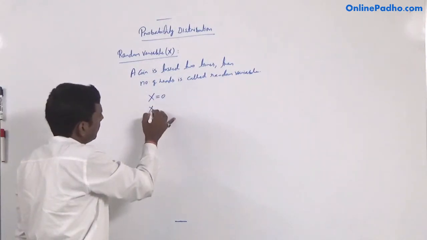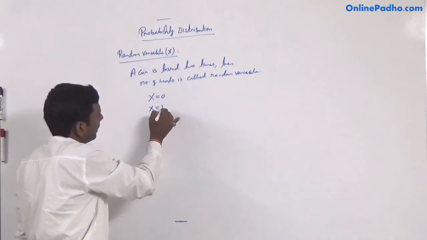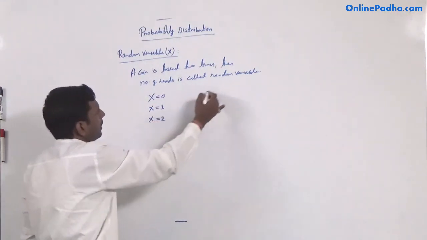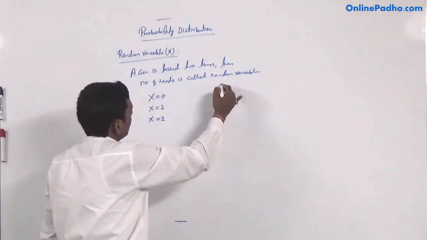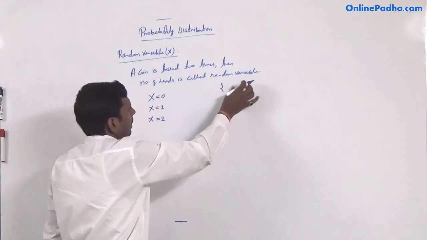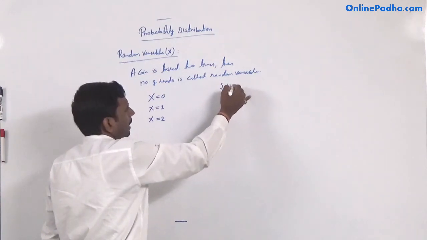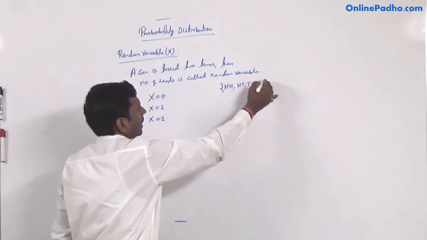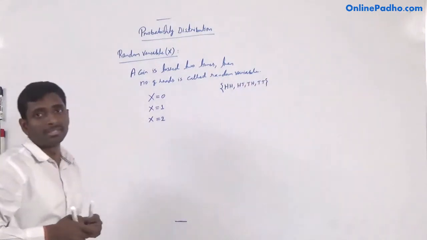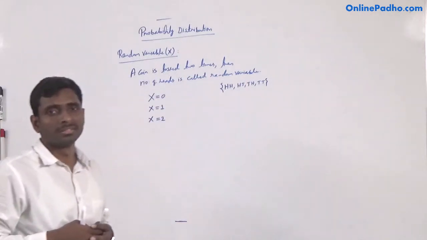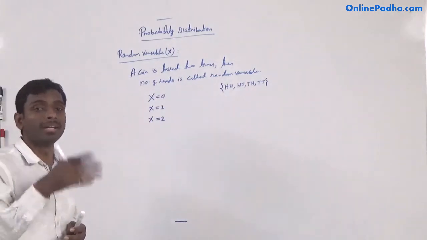It can be 1, there is 1 head. It can be 2, there are 2 heads. If you toss a coin 2 times, the sample space can be written as HH, HT, TH, TT. This is the sample space. And we have to distribute the probability for the number of heads.